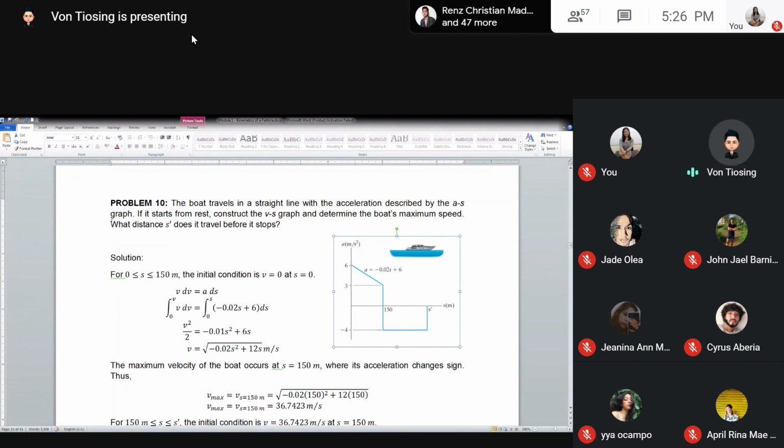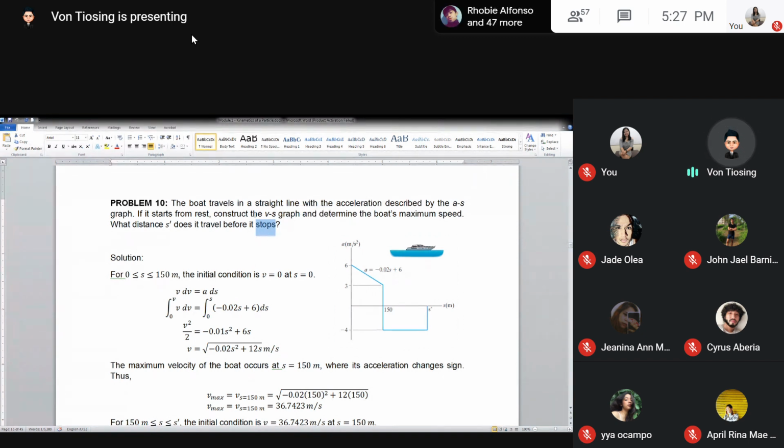So, ang condition dito, ano daw yung s prime before it stops? Pag sinabing stop, yung velocity ay 0. So, hahanapin pa natin yan mamaya.